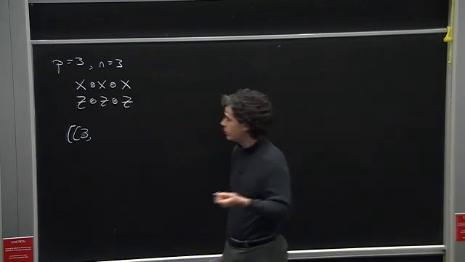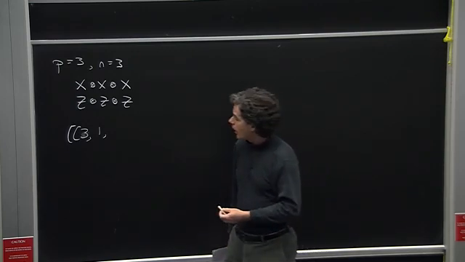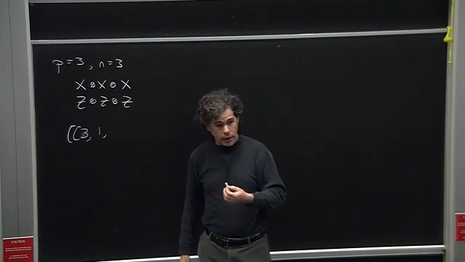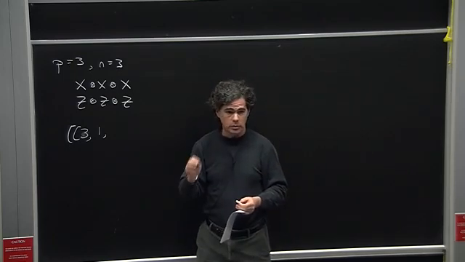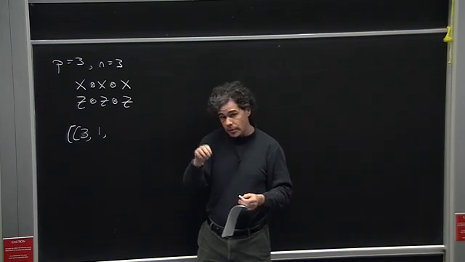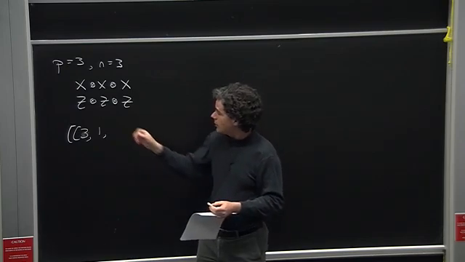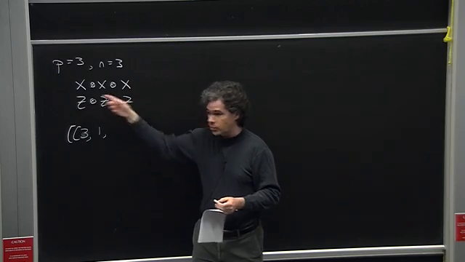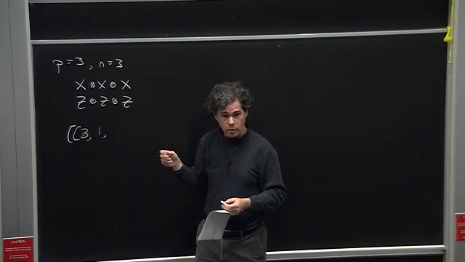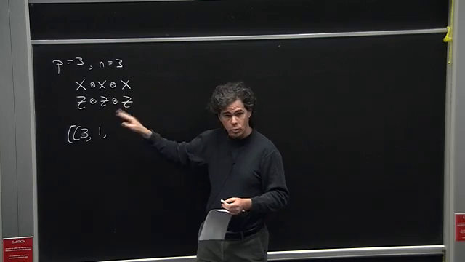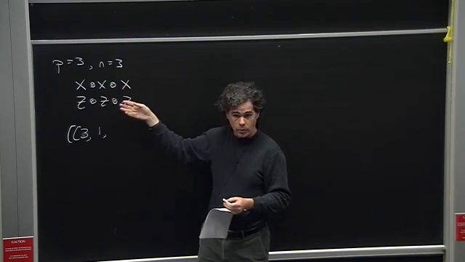p is prime, so it has 1 logical qutrit. And then what's its distance? Well, we can see that any weight 1 Pauli is going to be something of the form x to the a, x to the b, z to the c. And the x part will not commute with this thing. The z part will not commute with this thing. So any weight 1 Pauli will commute up to some power of omega, not commute, with at least one of these 2 operators.